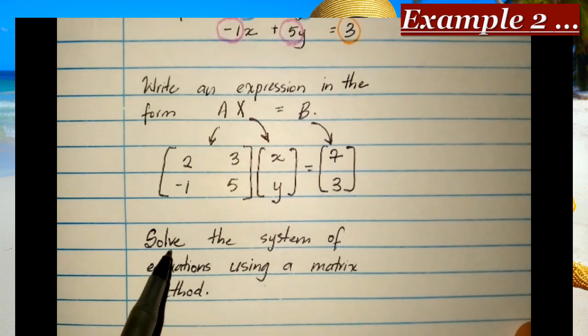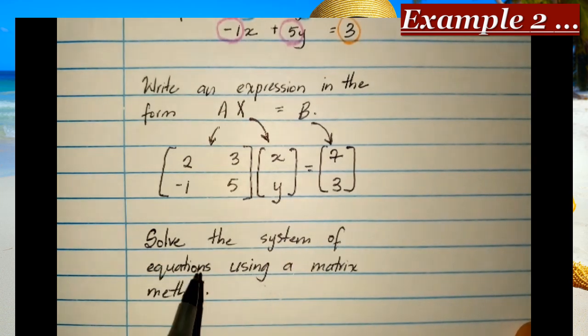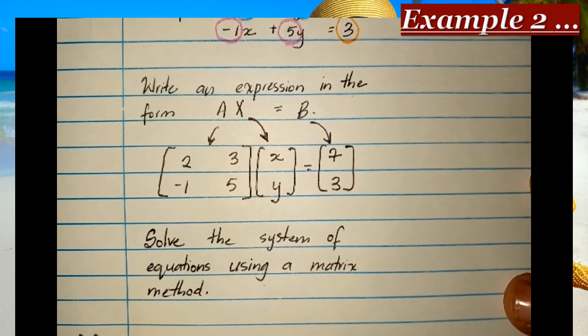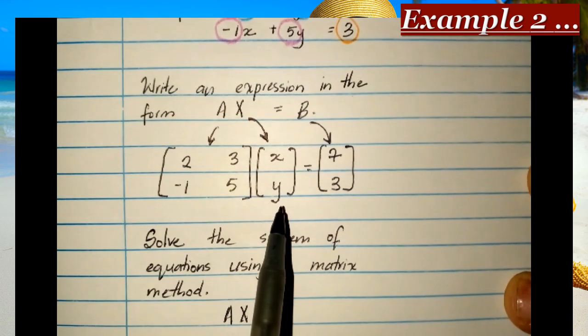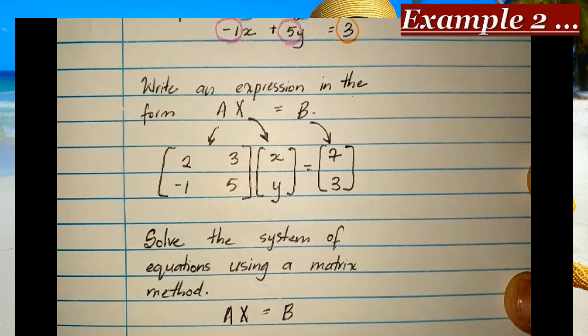Next, we're being asked to solve the system of equations using a matrix method. Now, in the form AX is equal to B, I need the values of the variable matrix. I need some solutions to those.